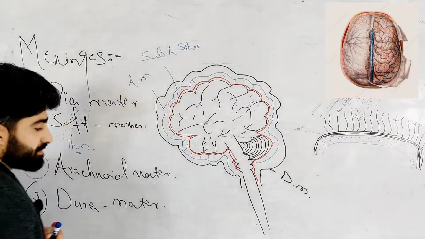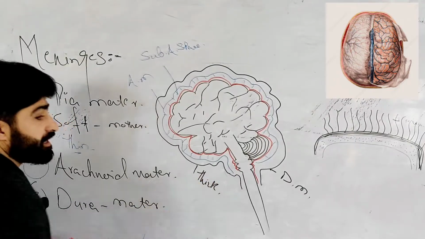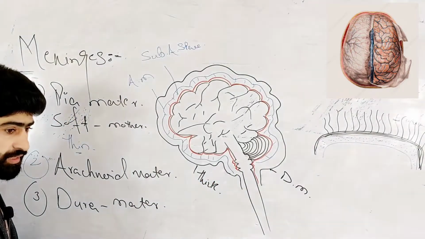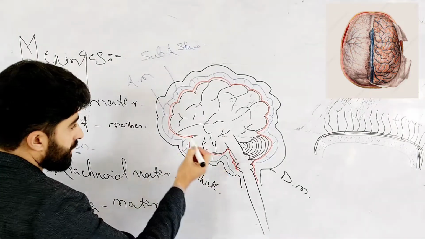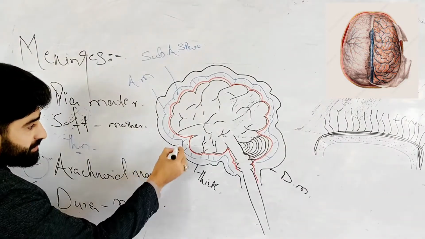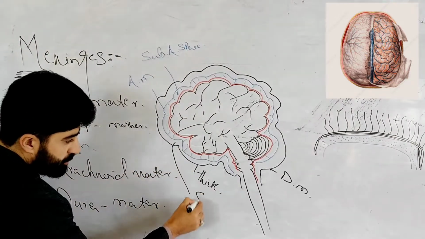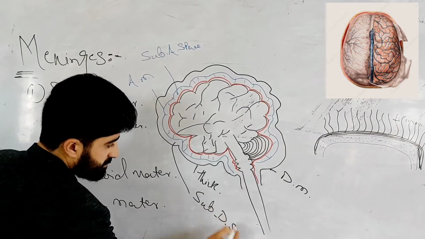It's a very thick and hard layer. Okay. It's the tough mother, it's hard. The space in between dura mater and arachnoid mater is the subdural space. Subdural space.